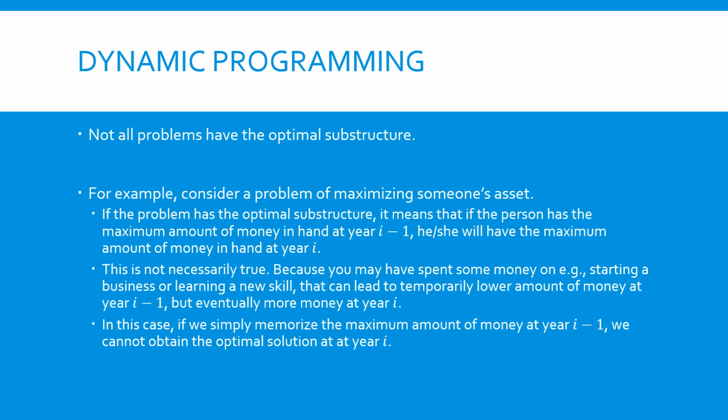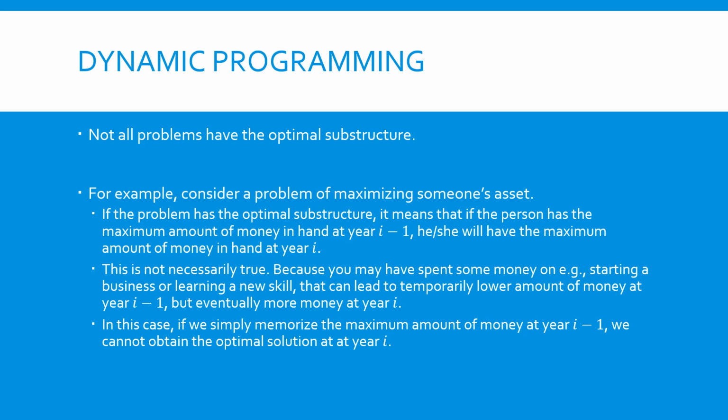Note that the optimal substructure is a somewhat strong assumption, and not every problem has it. Again, consider the problem of maximizing one's wealth. The optimal substructure property implies that you can achieve maximum wealth in year i if you achieve maximum wealth in year i-1.